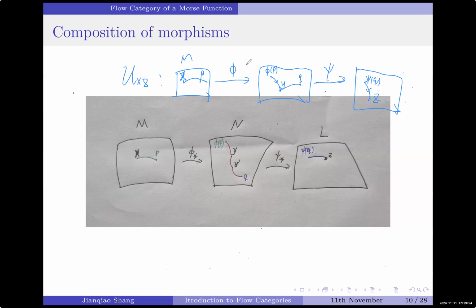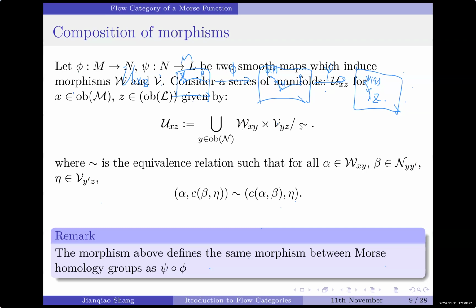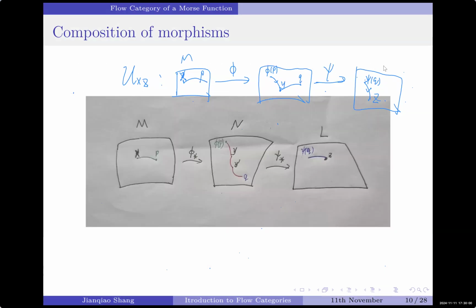But you recall that we quotient by such a relation. So what's this relation? When our flow goes into the manifold N, and it breaks into multiple parts, then I have two ways to present such a flow.